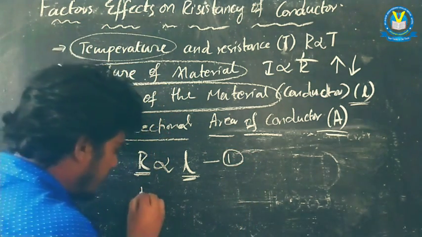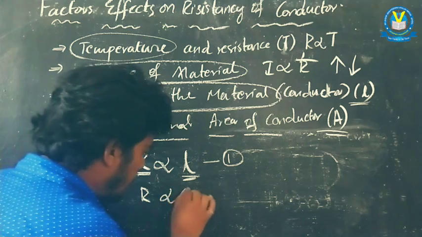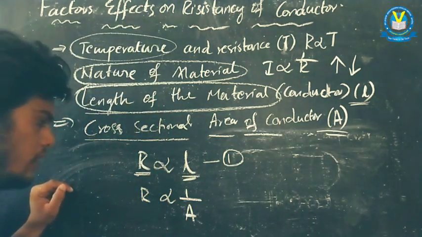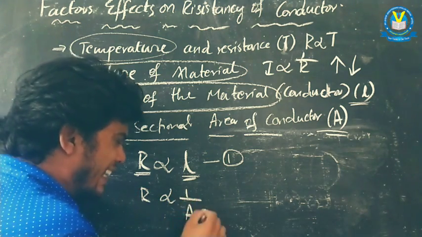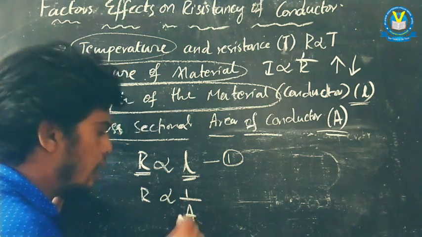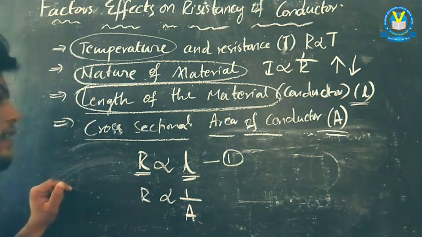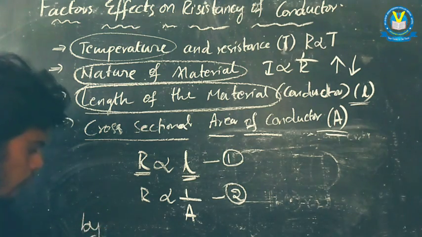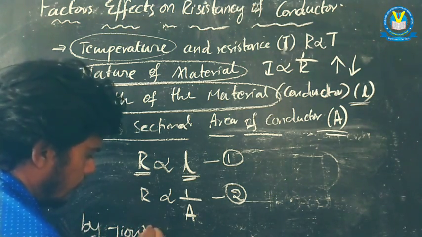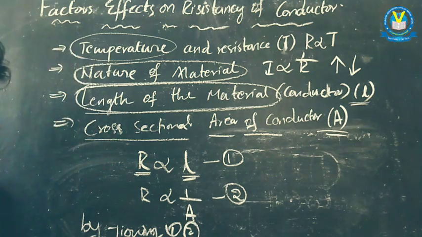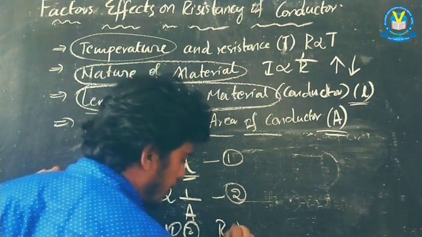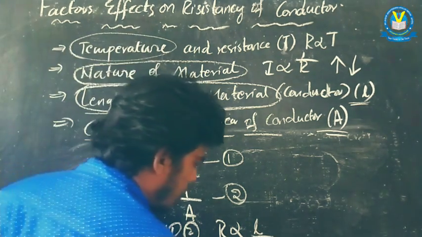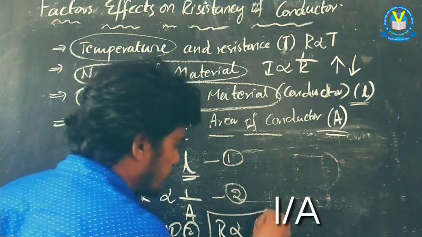Next, resistance is inversely proportional to the cross-sectional area A. Cross-sectional area increases means resistance decreases; cross-sectional area decreases means resistance increases. It is equation 2. By joining equations 1 and 2, resistance is directly proportional to the length L and inversely proportional to the cross-sectional area A.